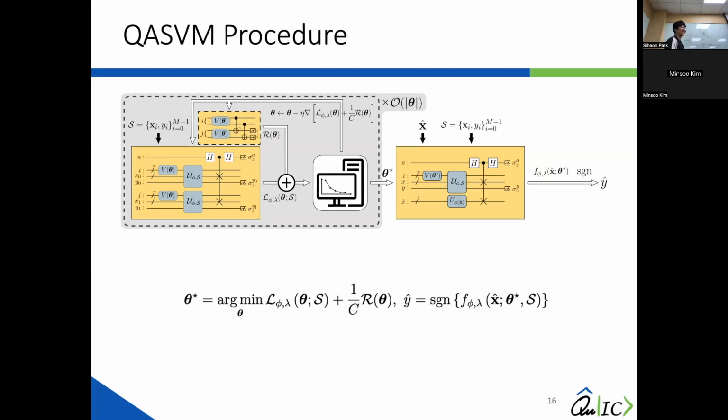Why this is good is that, compared to the runtime complexity of the classical algorithm, which is actually something like m squared, or if you think naively, cubed, but using the most advanced algorithm it is m times m squared, this has lower time complexity.